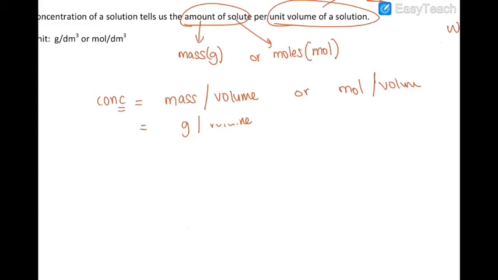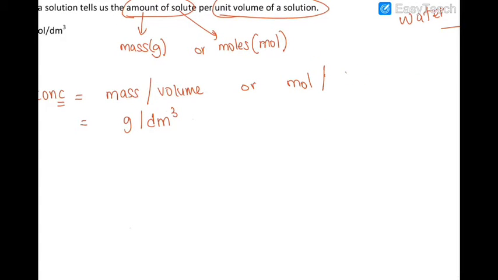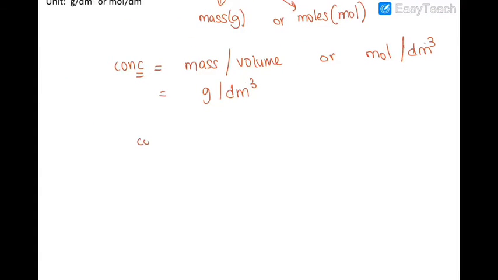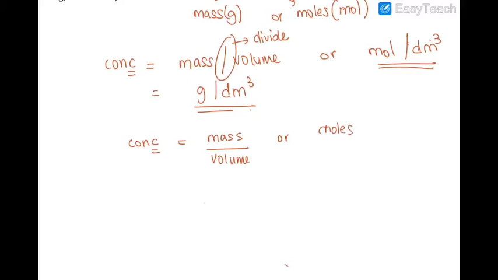So it's how many grams you have in 1 dm cube, or how many moles you have in 1 dm cube. Hence concentration has the unit gram per dm cube or mole per dm cube. Per means divide. So mass per volume, or number of moles per volume.